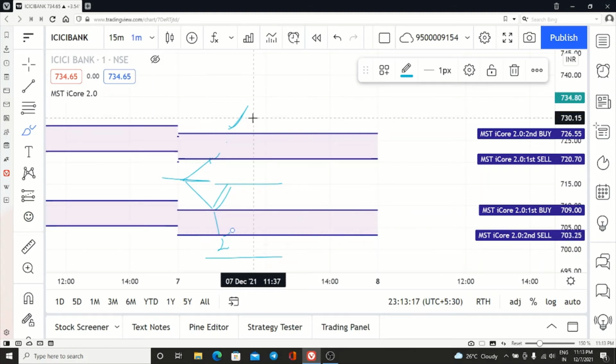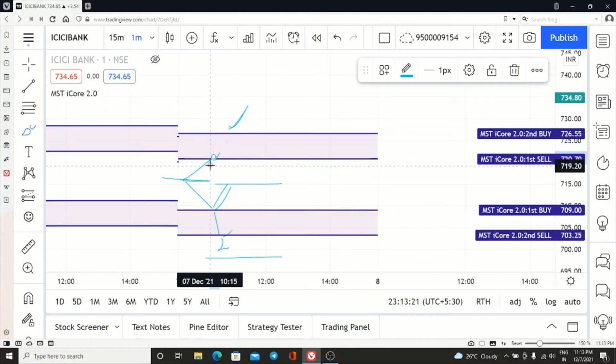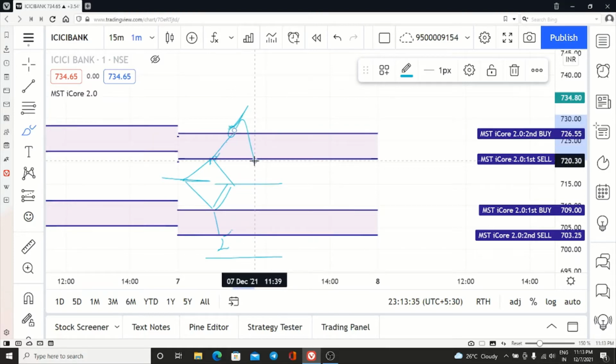If losses happen on both sides, say you took a sell entry here and it did not give your target and met the SL, then you took the second buy with two lots, and again it did not reach our target and hit our SL, then that day don't trade further. Accept the loss, and next day you can recover it.